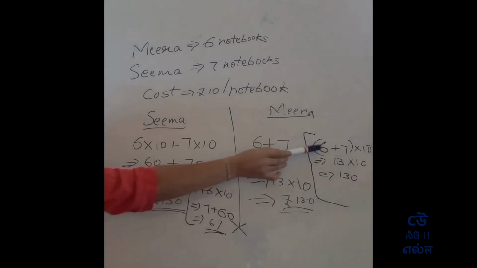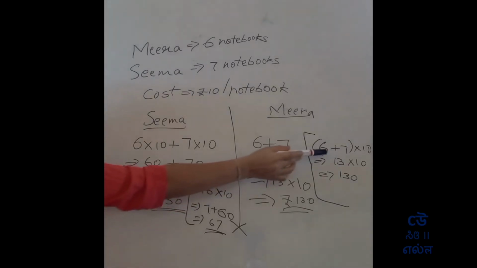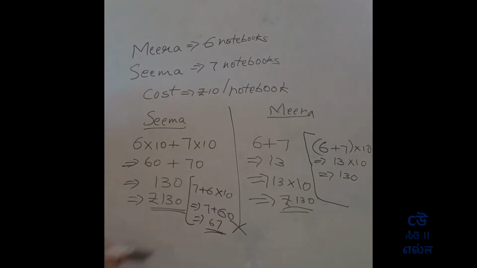First, what should you do? First turn everything inside the brackets into a single number. Whatever is in the brackets, you have to calculate and find a single answer. Then take the outside number and multiply. This is how you use the brackets and solve the problems.